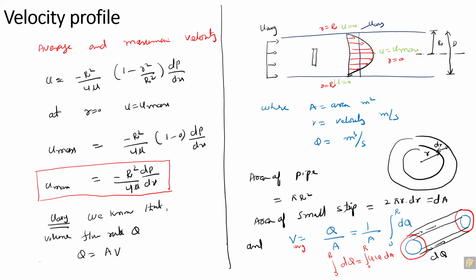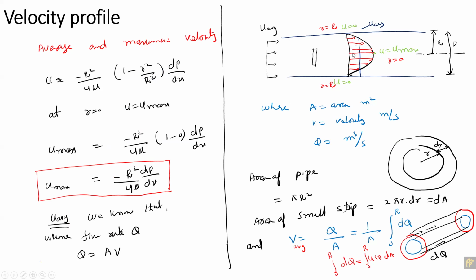Okay, so now the question is how to find the average velocity. We know that when we apply the velocity field at the pipe inlet, the velocity is uniform. So this is the U average. Once the flow develops into the fully developed region, we have the boundary layer, so the average velocity can be found in this way.